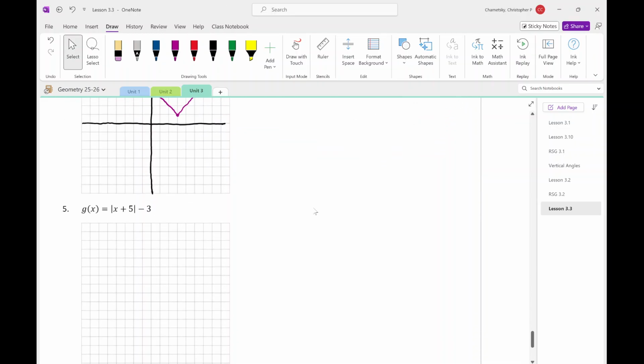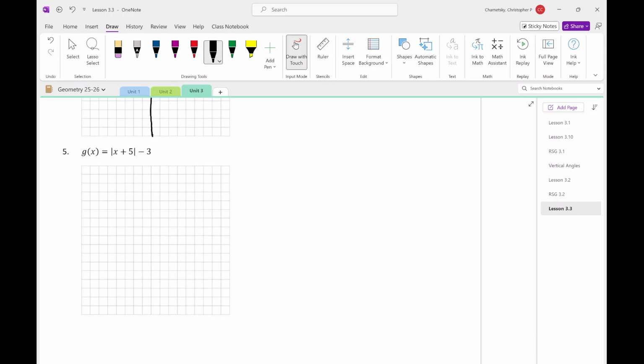Same thing with g of x. We'll plot our axes. And the -3 tells us it's down 3. And this is going to be left 5.